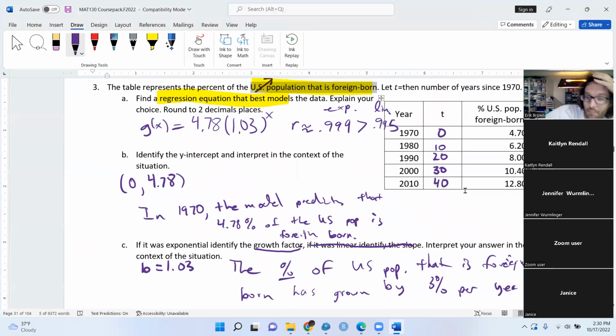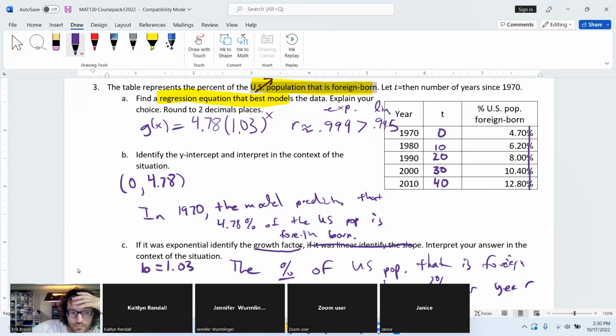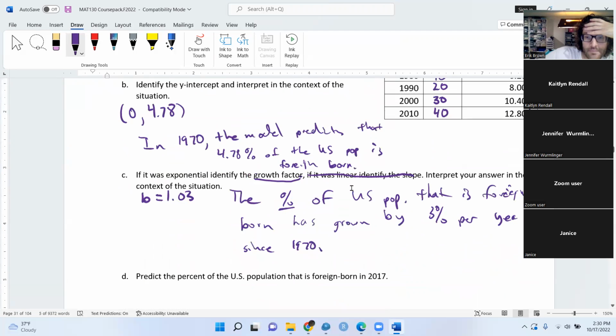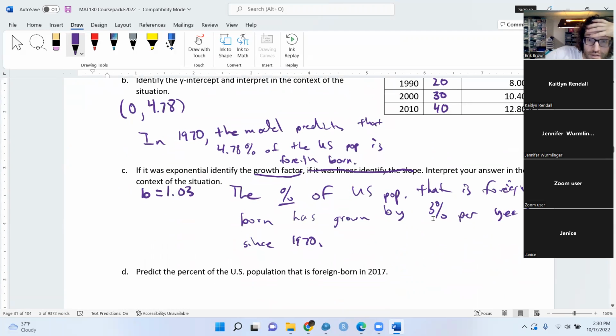And if this had been amount of people that were foreign born, which if we know the total US population, we could easily calculate that from what we know from unit 1. It's just not how the data is given to us. We could have said that. So you can either use the rate, the growth rate. Great question. Where did that 3% come from? Remember, the rate is equal to B minus 1, converted to a percent.